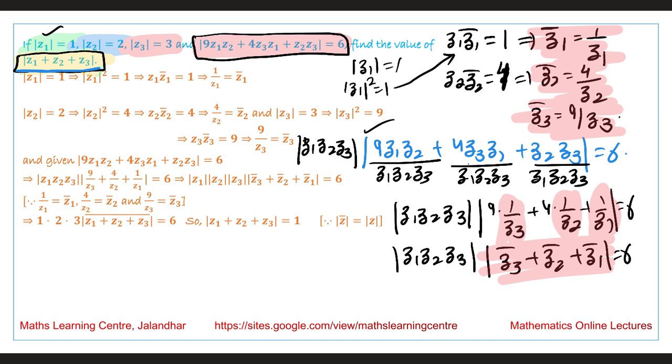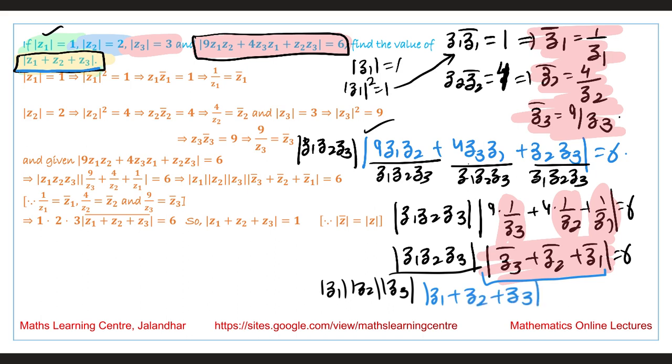And we know that the value of this is mod of z1, mod of z2, mod of z3 times mod of z1 plus z2 plus z3, and this value is given to be 6. Now the values of these three individual mods are given to us.